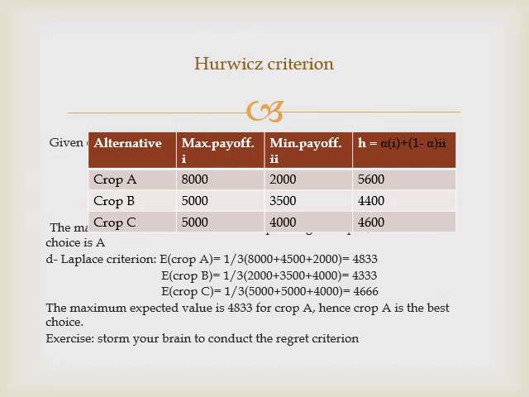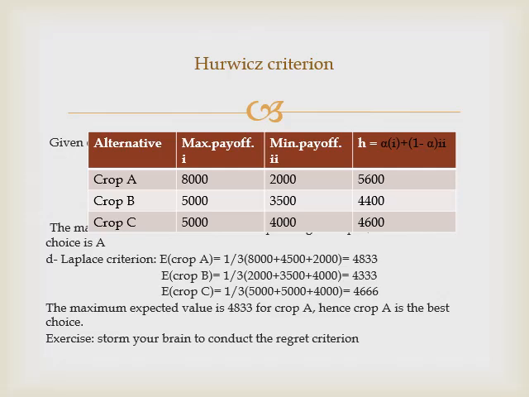So 0.6 multiplied by 8,000 plus 0.4 multiplied by 2,000.